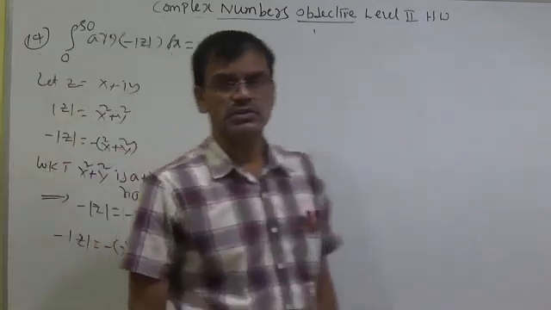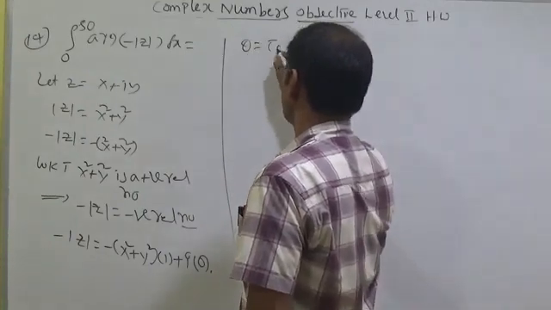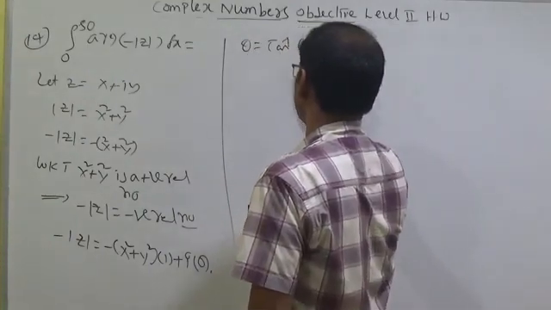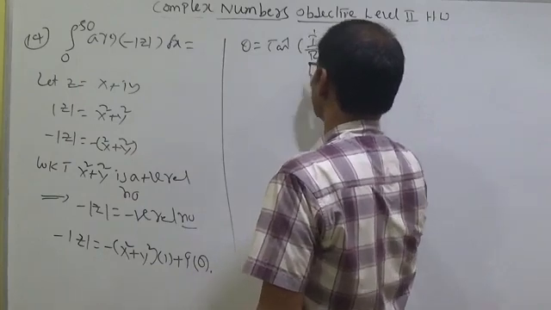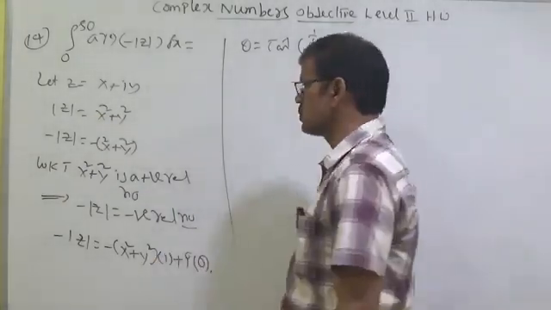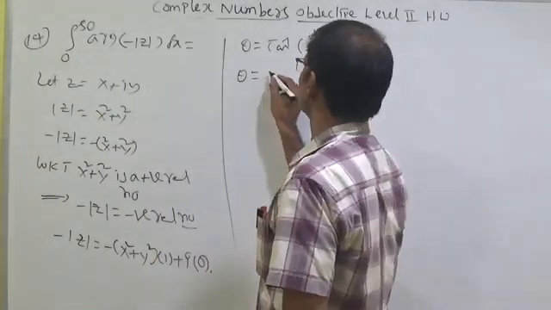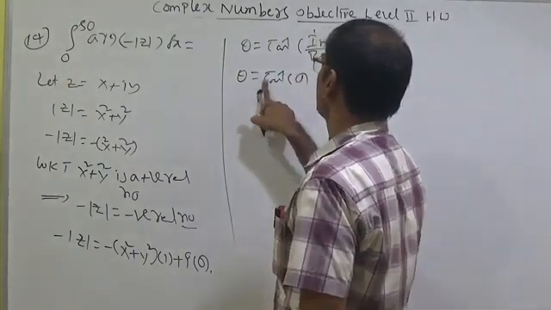Theta is equal to tan inverse of imaginary part by real part. That is the concept of theta. So 0 by anything is 0, and we get theta equal to tan inverse of 0.